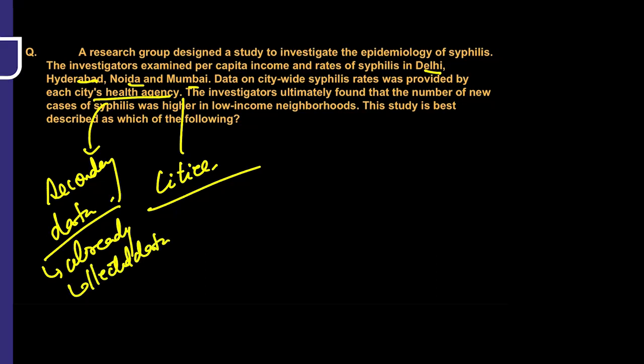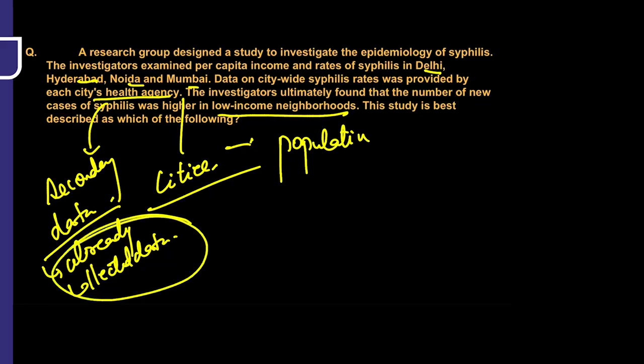The investigators ultimately found that the number of new cases of syphilis was higher in lower income neighborhoods. You are studying cities, that means populations, using already collected secondary data. So this is an ecological study design.